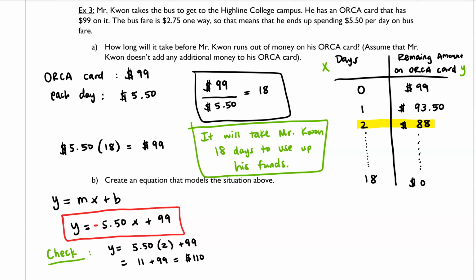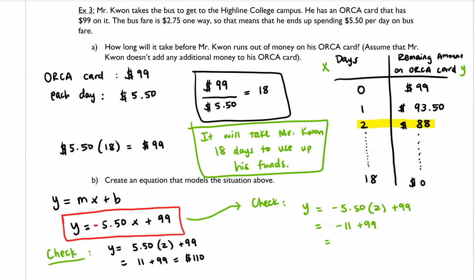But just for good measure, let's go ahead and check again. So let's do our check for this one. So I'm going to plug in 2 again. So I'd have negative 5.50 times 2 plus 99. And if I multiply negative 5.5 times 2, that is negative 11 plus 99.